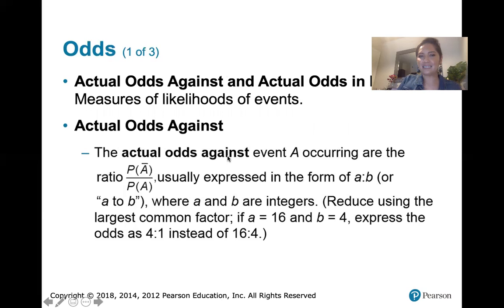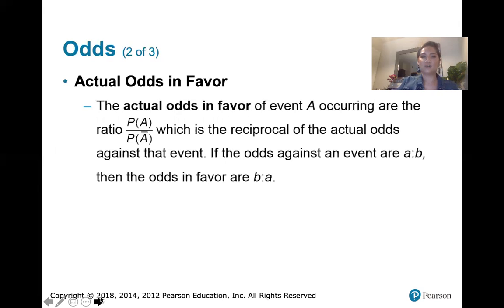The actual odds against A occurring have the probability that A does not occur in the numerator. When we talk about the actual odds in favor of A occurring, the probability that A does occur is in the numerator. So basically you just take that fraction from the last slide and you flip it, and that gives you the actual odds in favor of A occurring.